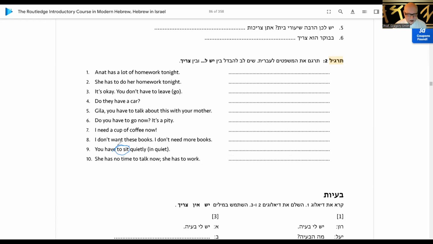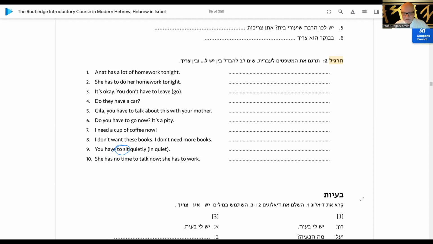Now let me use my pa'alim. I want to double check something here. We could use lashevet. I put just yeshav, but I think more properly, this says you have to sit quietly or in quiet. Why couldn't we just say yeshav lasheket? You have to.